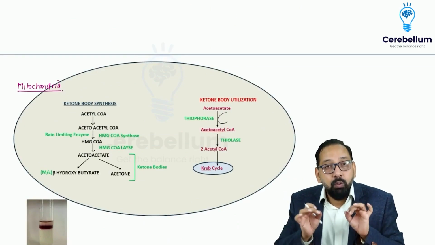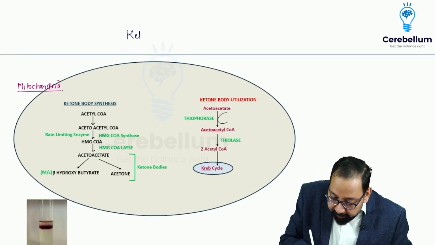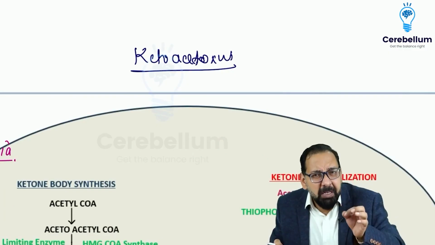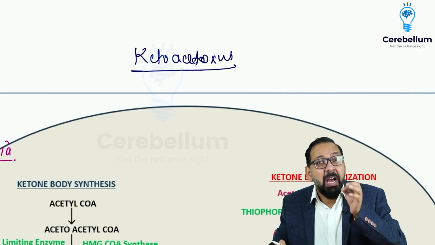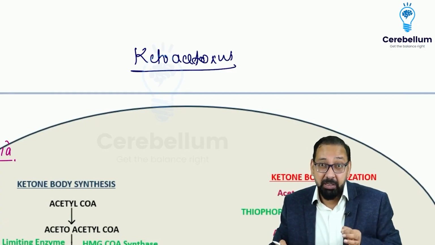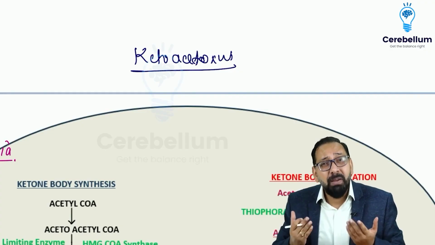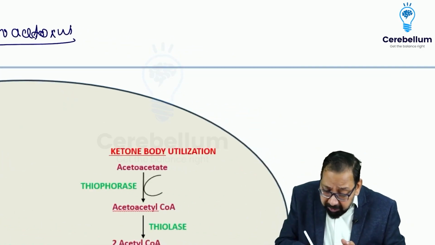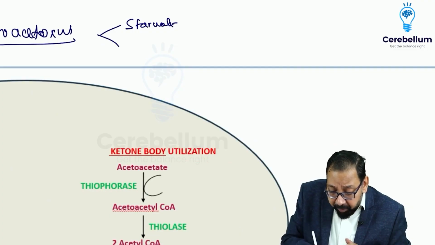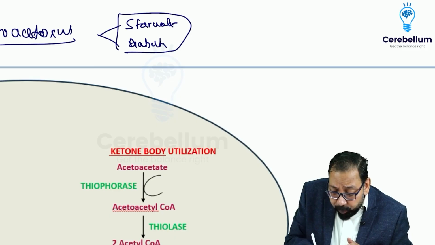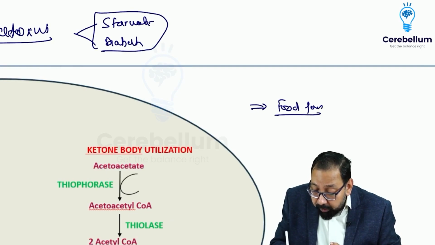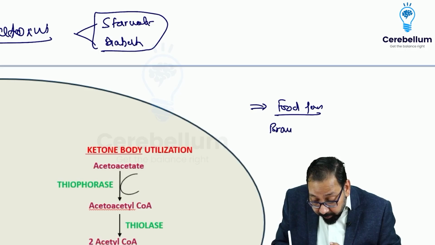Now we discuss ketone body synthesis or ketoacidosis. Ketoacidosis, you all have heard many times. Diabetic ketoacidosis, starvation ketoacidosis, and you know ketoacidosis is a very toxic condition. If ketone bodies are so toxic, why is the body synthesizing them? Because in starvation and diabetes, these ketone bodies are produced, and they are food for the most vital organs, brain, heart, and skeletal muscle.